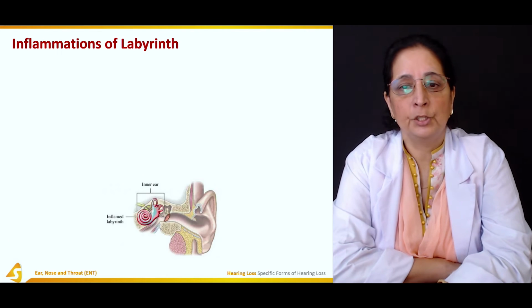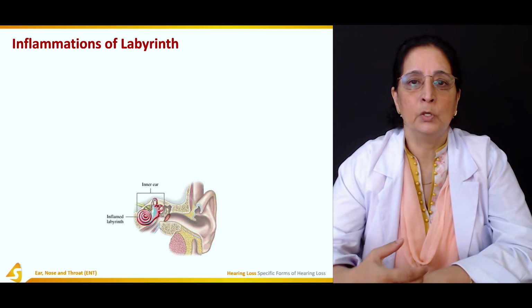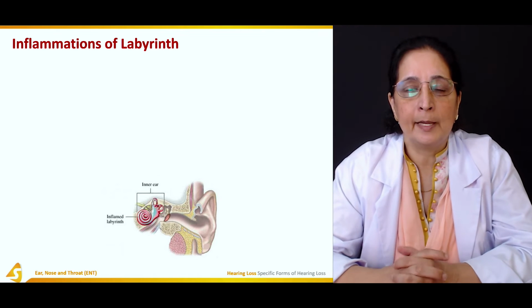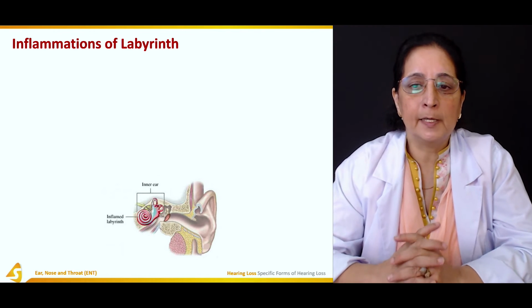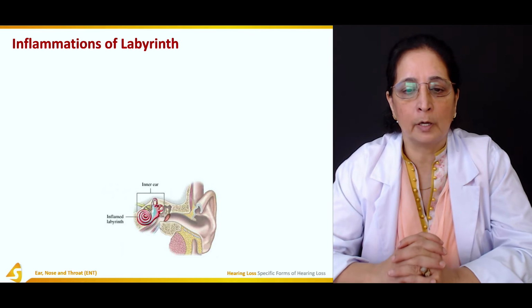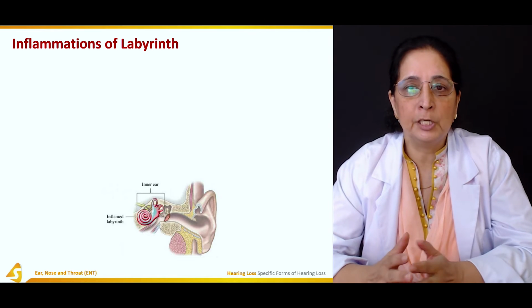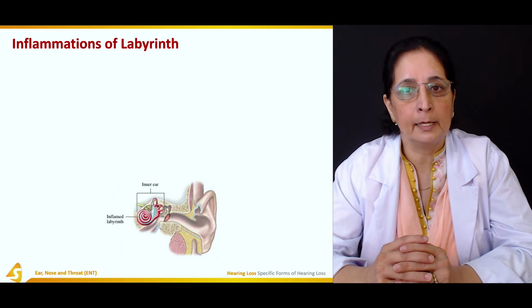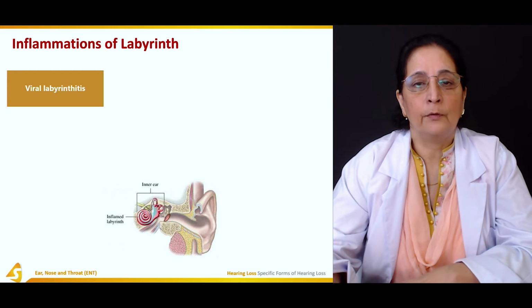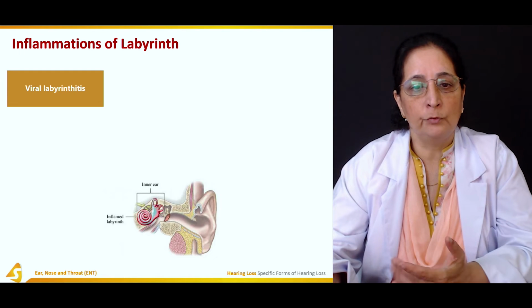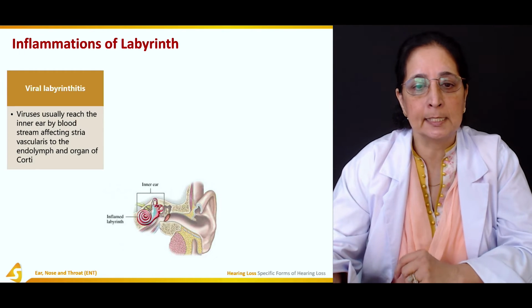So inflammation of the labyrinth, also known as labyrinthitis. Itis is inflammation. Labyrinth is the term used for the inner ear. So inflammation of the labyrinth can lead to hearing loss. It can be due to viral labyrinthitis.